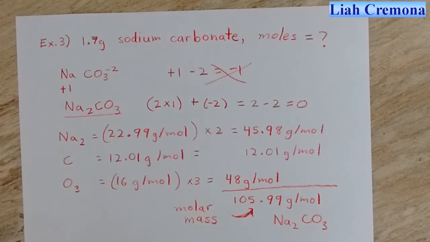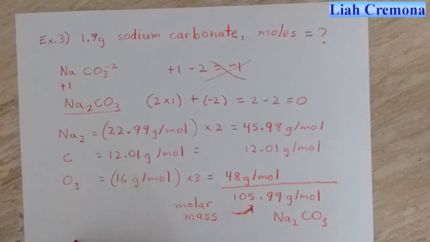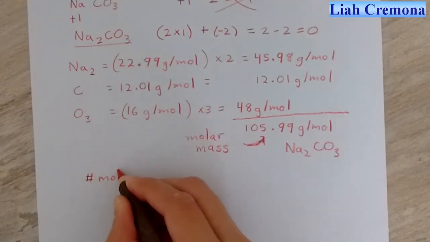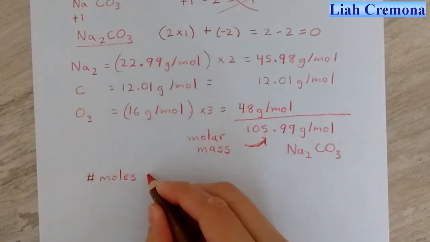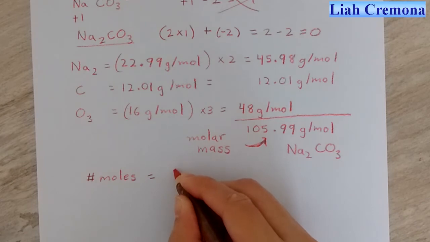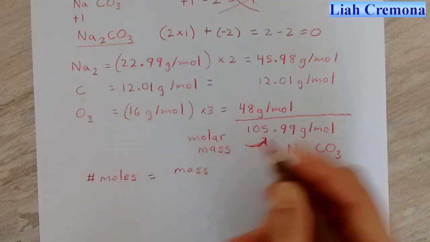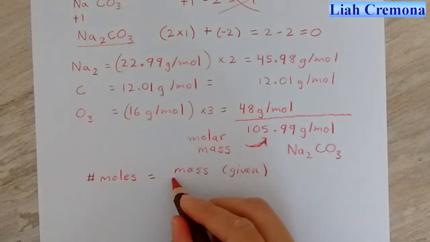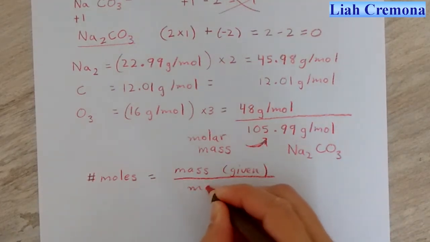And finally, the third step is to find the number of moles using the equation. So the mass that's given divided by the molar mass.